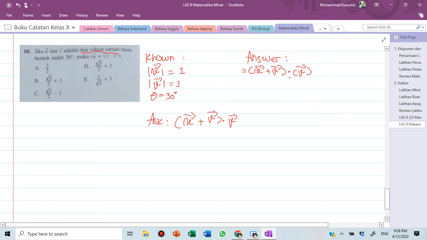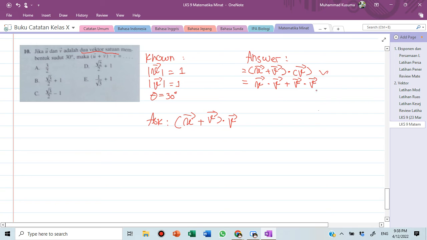In this equation, we could apply the distributive property, because the distributive property also applies on vector equations. So we could rewrite this as vector u dot vector v plus vector v dot vector v.